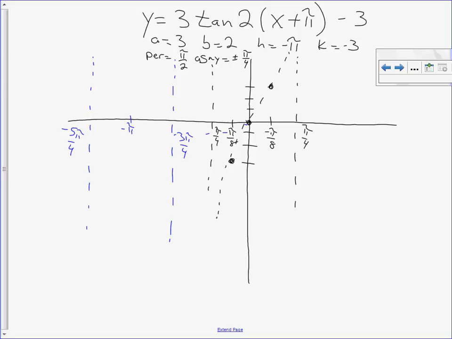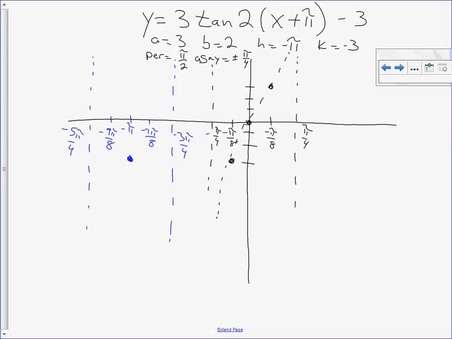Instead of being at negative pi over 8, I'm at negative 9 pi over 8. And this is at negative 7 pi over 8. Okay? All I'm doing is subtracting 1. Instead of being at 0, it's at 0 and negative 3.